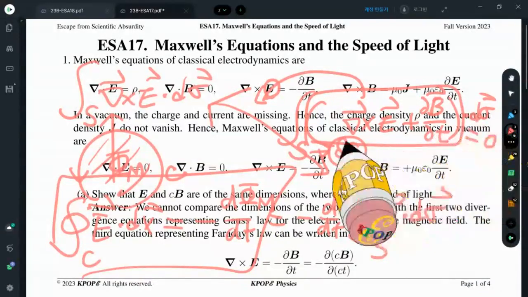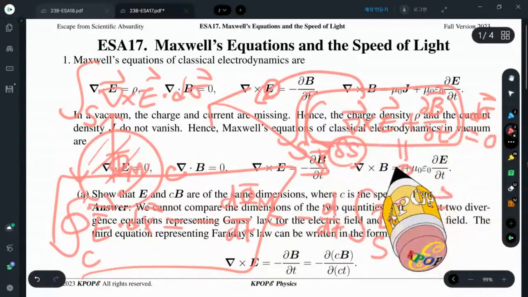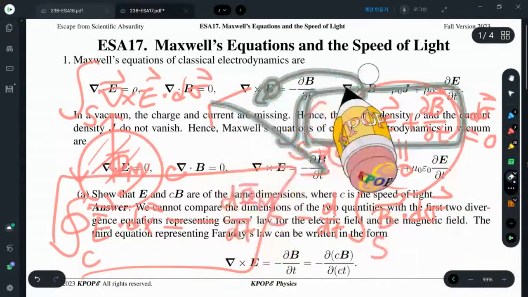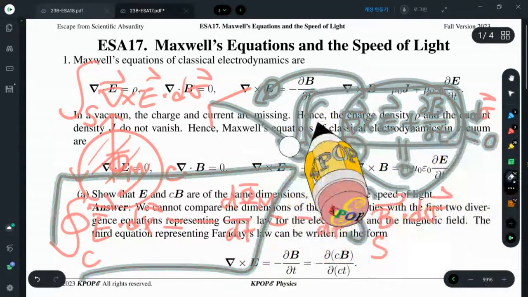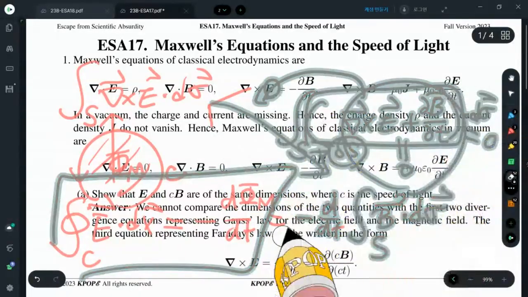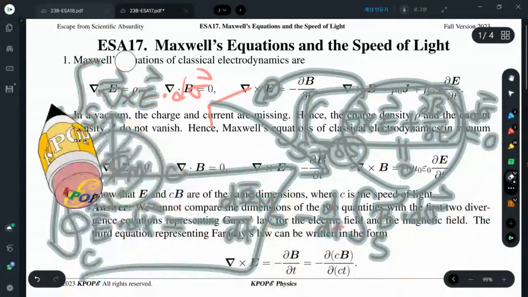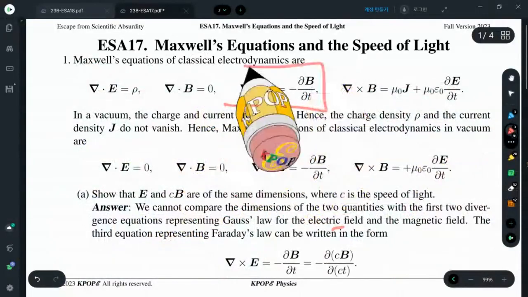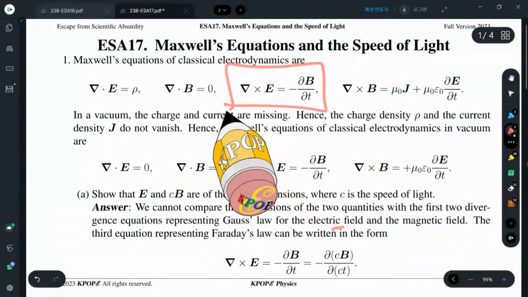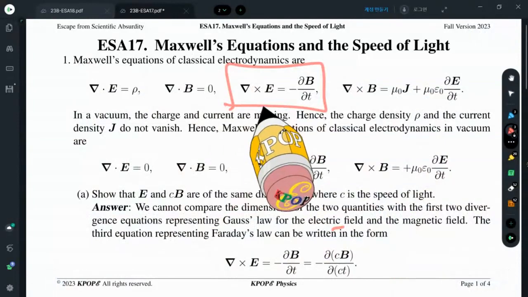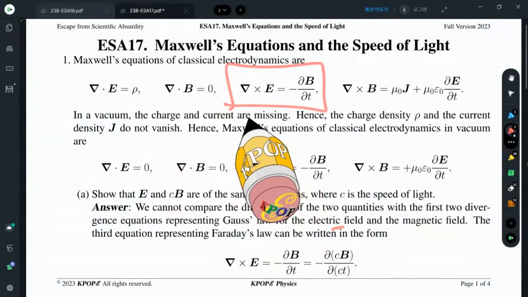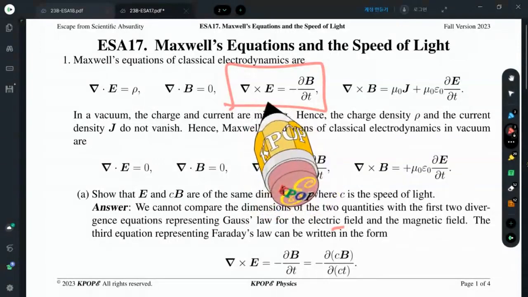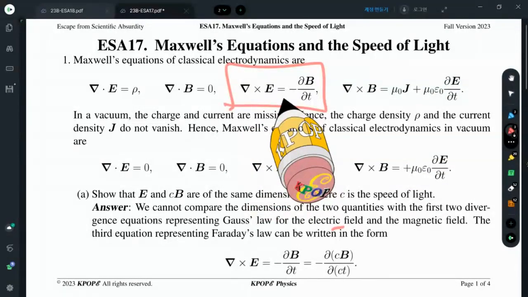So therefore, the integrand must be zero at that point. Therefore, we obtain the differential form of Faraday's law. And due to Faraday, we are able to generate the electric field. So most of our electricity comes from this Faraday's law.